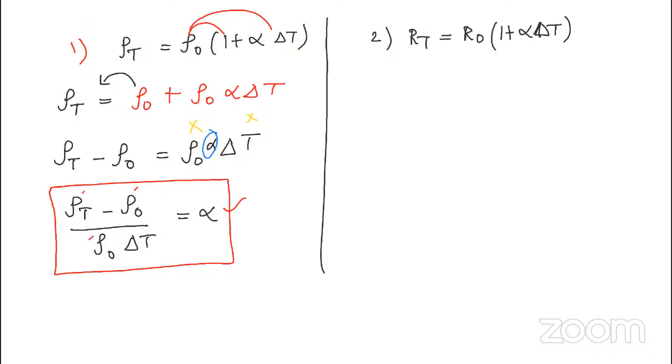So for resistivity we use this formula. The same condition applies. What is the difference between 1 and 2?